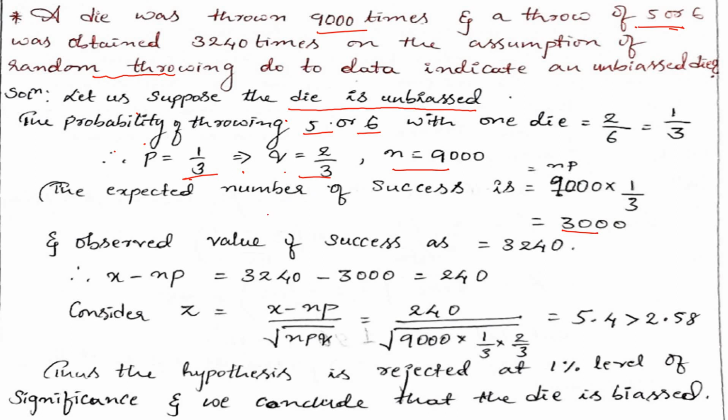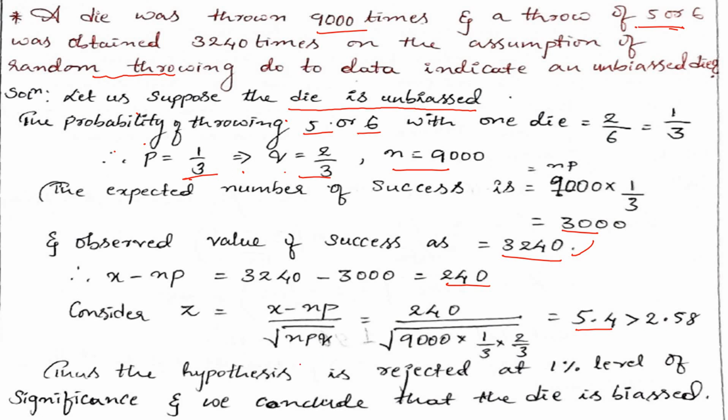Now the observed value X they have given is 3240. Subtracting these two values, we get 240. Now considering the standard formula Z equals X minus NP by square root of NPQ, substituting all the values, we get 5.4, which is greater than 2.58.